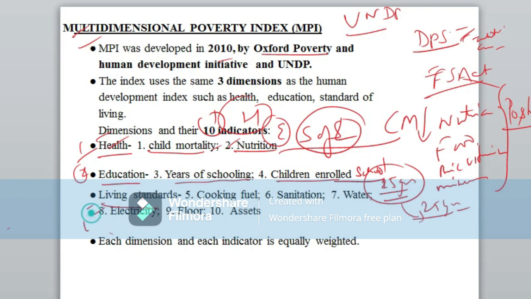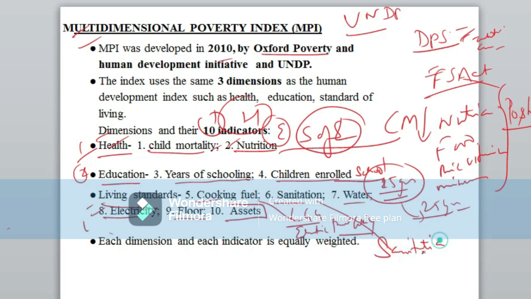And living standard of children: cooking fuel, sanitation, water, electricity, floor and assets. एलपीजी गैस मौजूद है कि नहीं, इलेक्ट्रिक पावर से उनके पास कुकिंग हो रही है या नहीं, whether they are lacking in sanitation, so they have sanitation for hygienic life, toilets, bathroom facility.